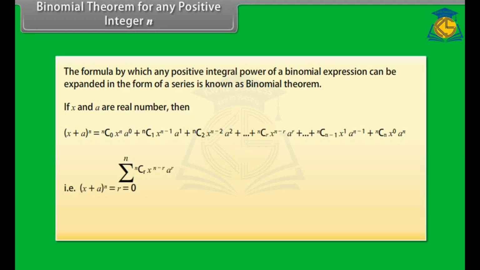(x+a)ⁿ is equal to the summation from r = 0 to n of nCr x^(n−r) a^r. The binomial theorem can be proved by induction. Properties.